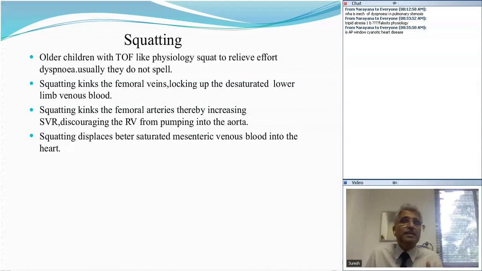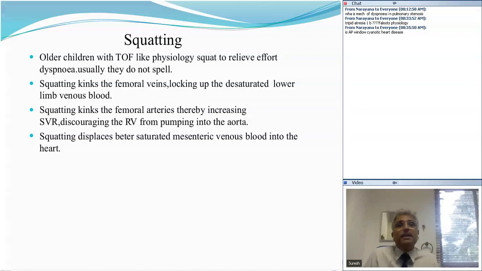In other words, the splanchnic blood, where the oxygen extraction is less, it is the viscera, if that is returning more to the heart, even the right heart will have a better oxygen saturation, and even though there is a right to left shunt, you will find better saturation.